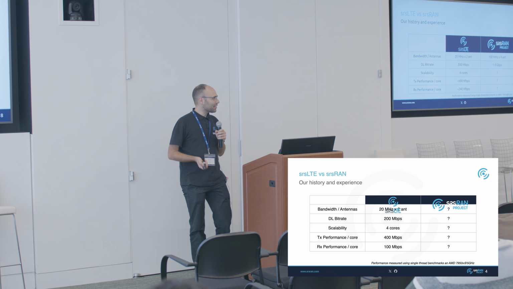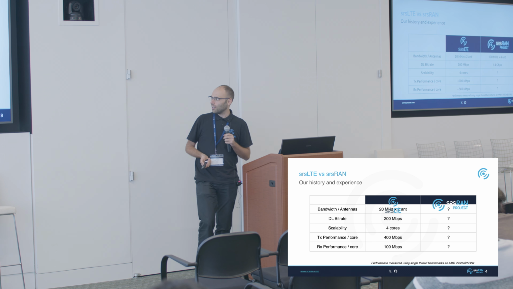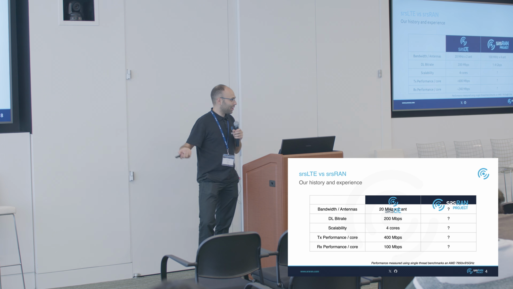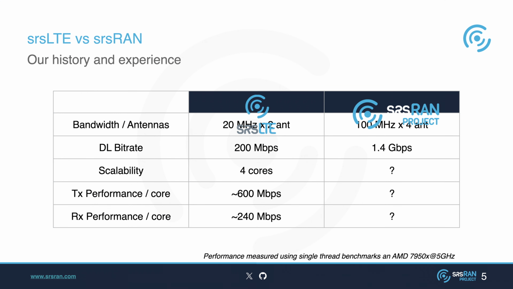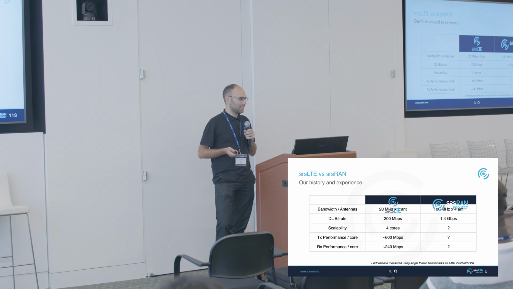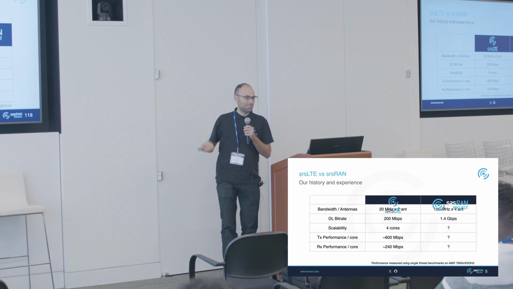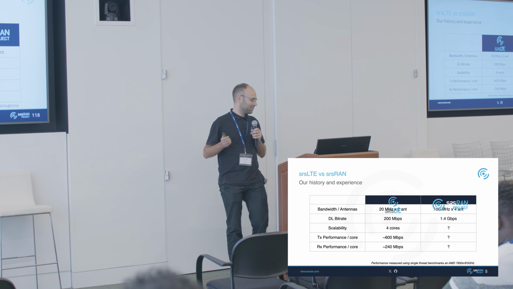So then what are we doing now with our gNB? Well, our gNB is going for 5G. So we support 100 megahertz, 4 antennas and 4 layers. And we target a downlink rate of 1.4 gigabits in the downlink, which is much higher than 4G.